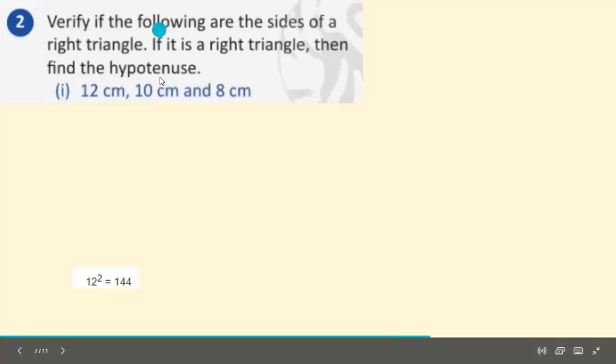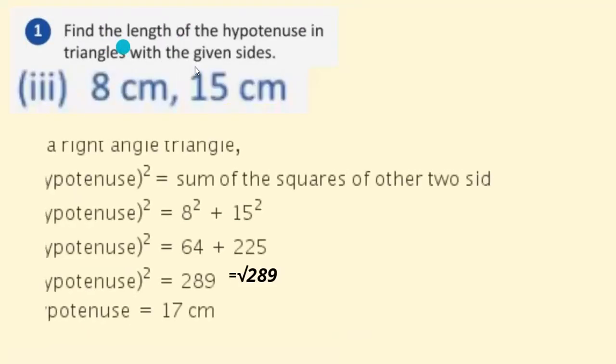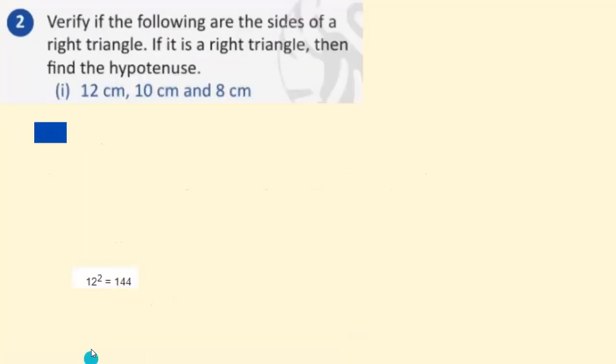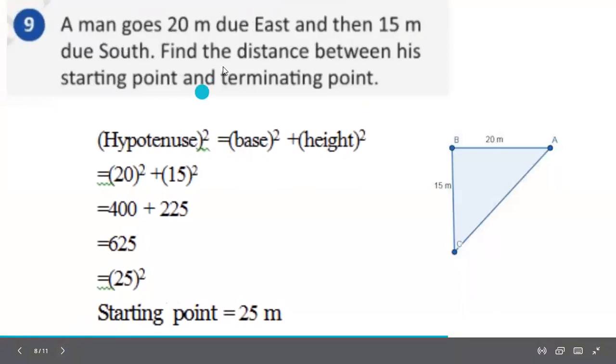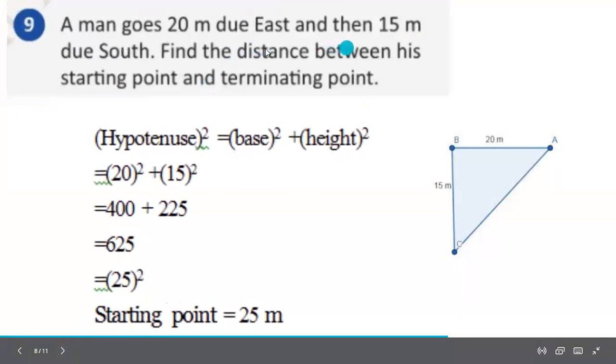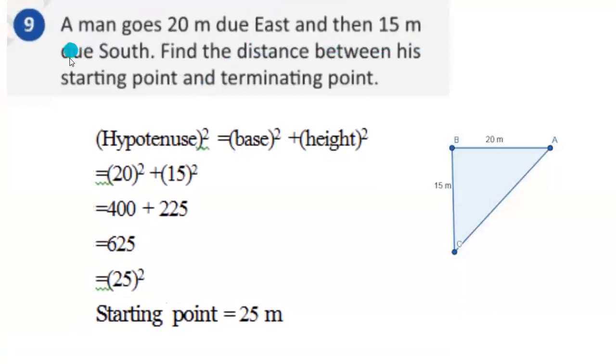A man goes 20 meters due east and then 15 meters due south. Find the distance between the starting point and the terminating point.